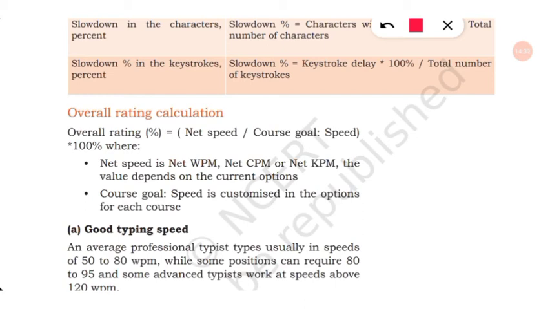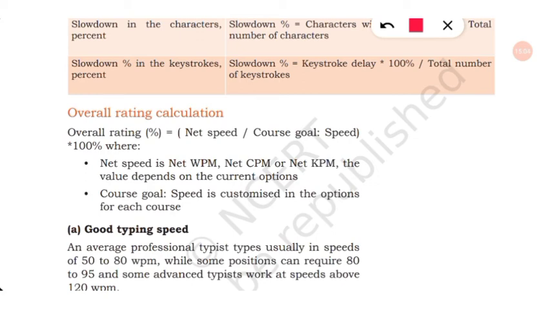The value depends on the option we have selected as the measuring option, as the metric. Suppose if we have selected WPM, then net speed will be our net WPM, or if we have selected CPM, the net speed will be our net CPM, or if we have selected KPM, then our net speed will be net KPM.